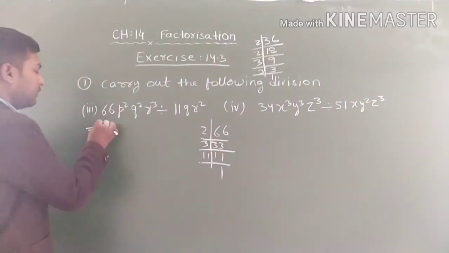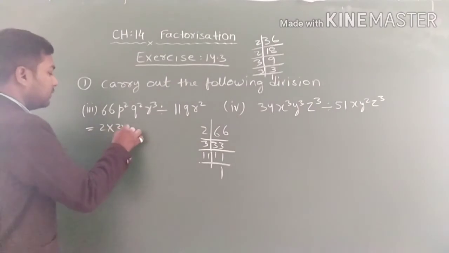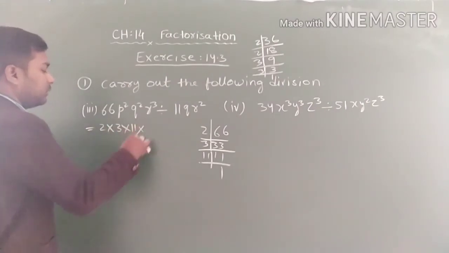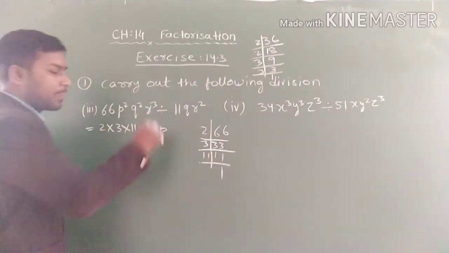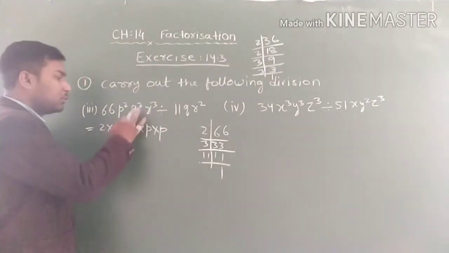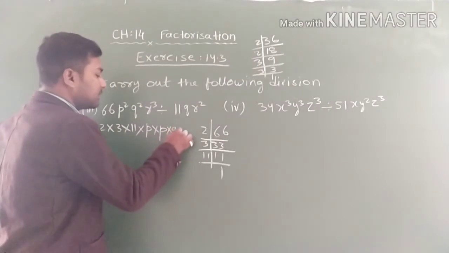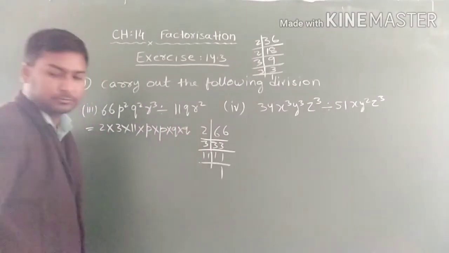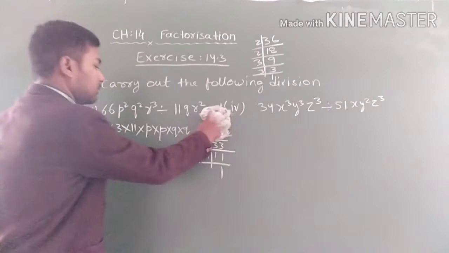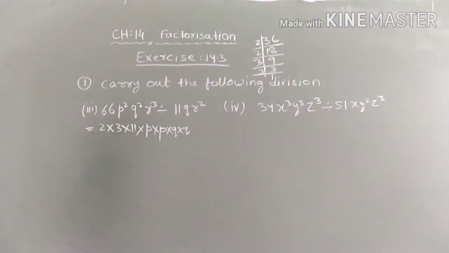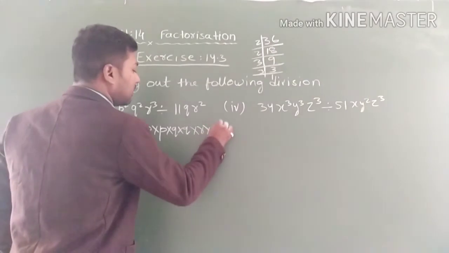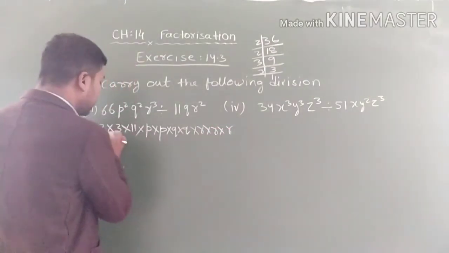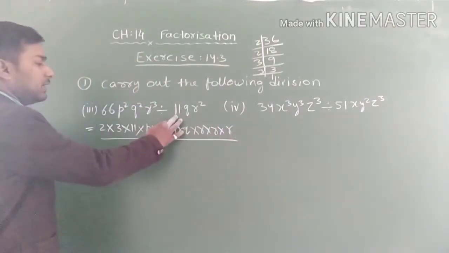So we can write 2 into 3 into 11 into p square, that means p 2 times. Now q square, so 2 times, and r cube, so r is 3 times, divided by 11qr square.